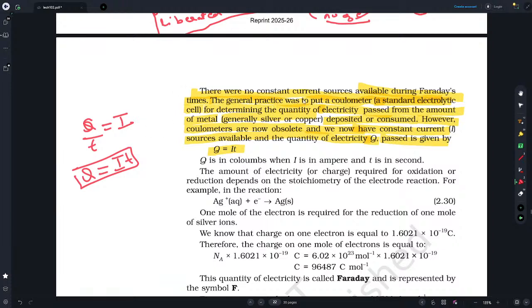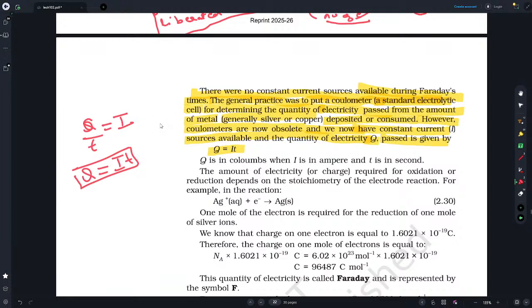During Faraday's time, there were no constant current sources, and the general practice in place of a constant current source was to put a coulometer, a standard electrolytic cell, for determining the quantity of electricity passed from the amount of metal, generally silver or copper.